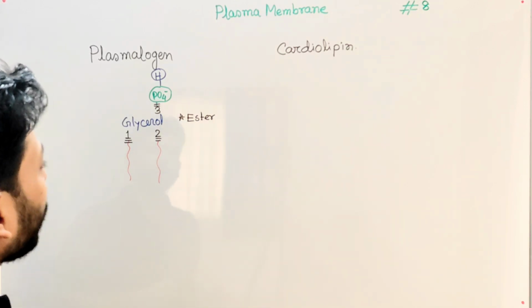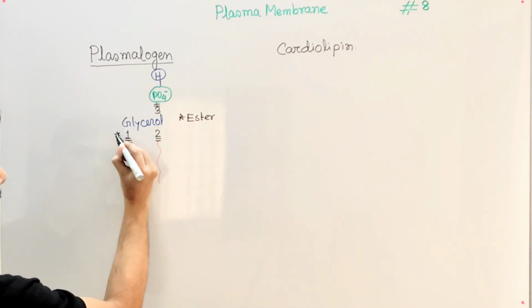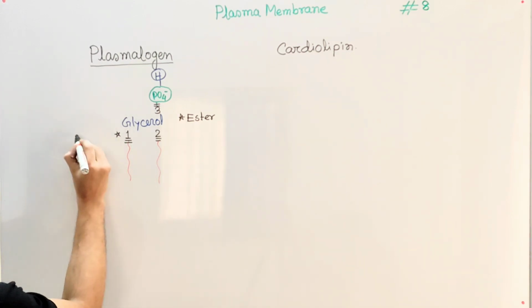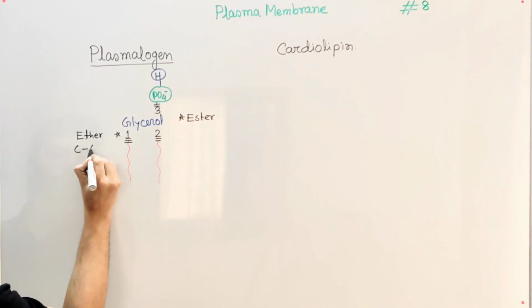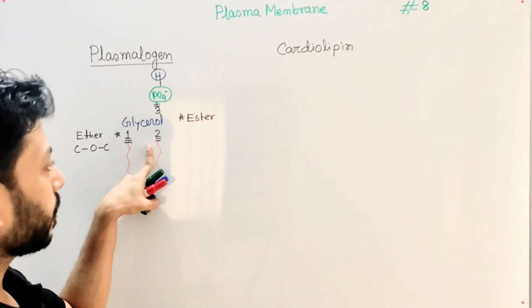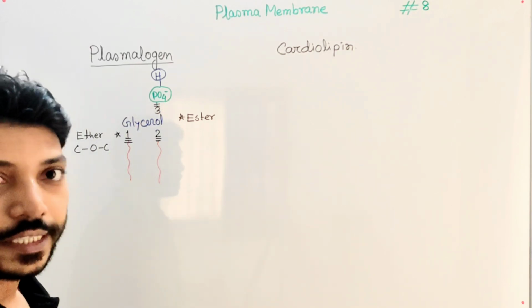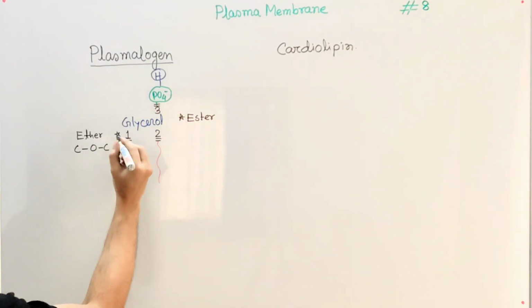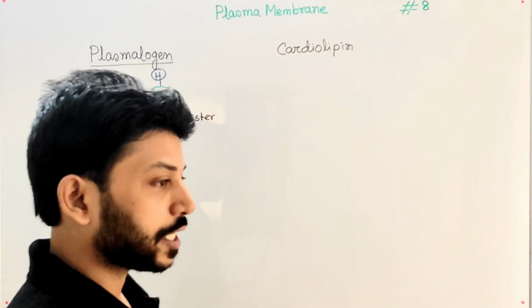But in the case of plasmalogen, the bond between the first carbon and the fatty acid is ether in nature. Ether bond, that means a C-O-C bond. But the bond between the second carbon and the fatty acid is ester, and the third carbon and phosphate is ester. So only the first carbon and the first fatty acid bond is ether in nature.